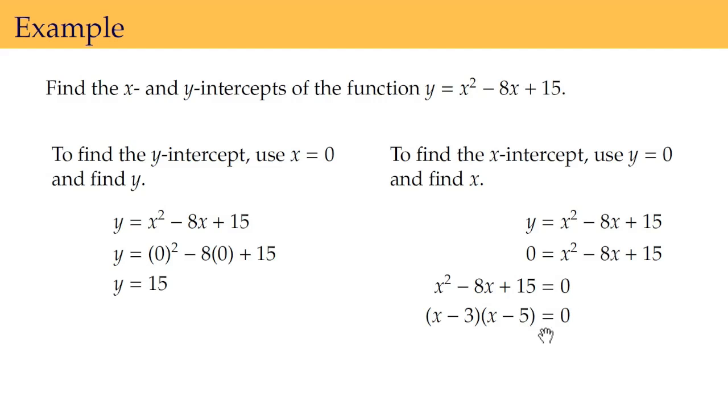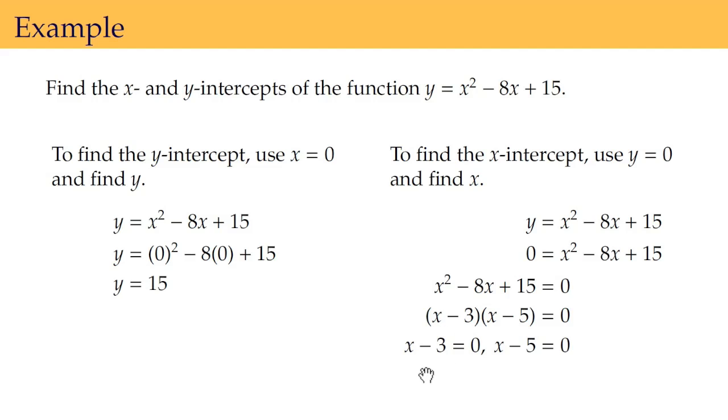And notice that I've got x minus 3 times x minus 5 equals 0. So I can use a special property of 0, since I have something times something equal to 0. Then one or the other has to be 0. That's the only way that this can happen. So if I'm looking for all of the solutions, I'm going to set each piece equal to 0.